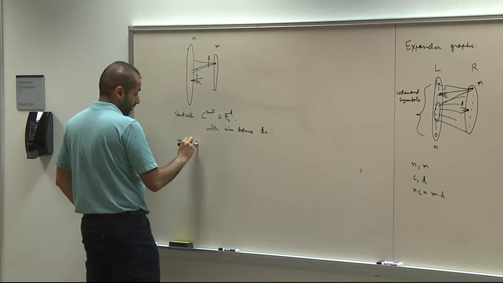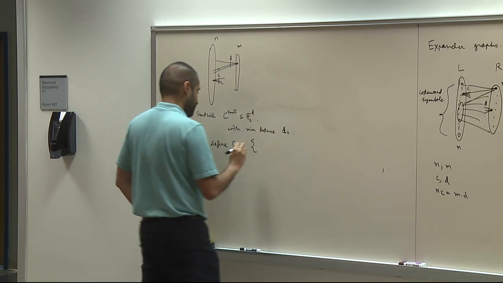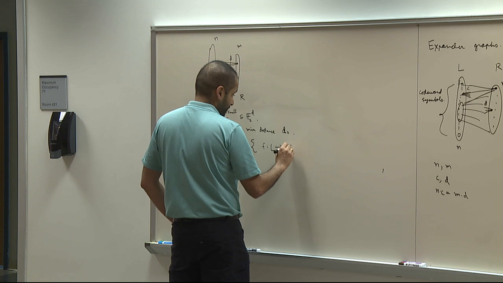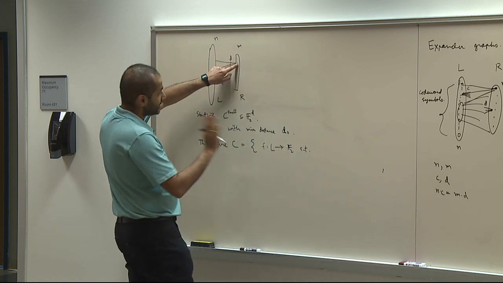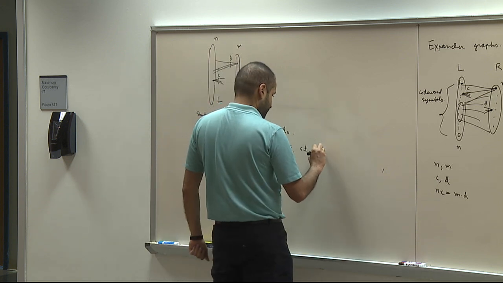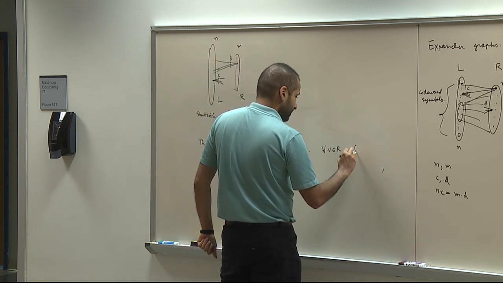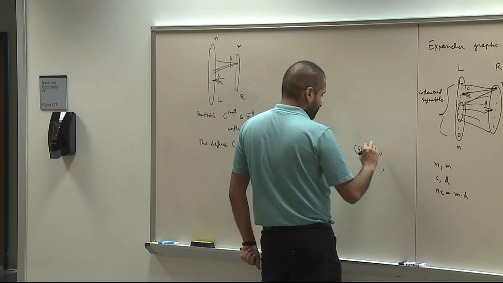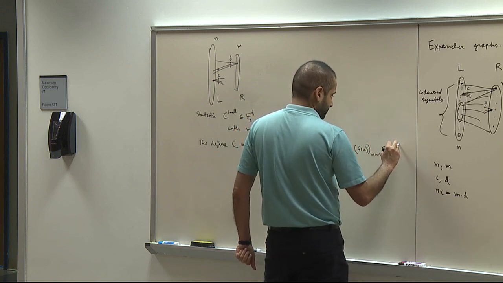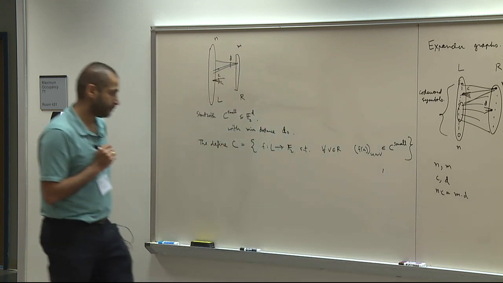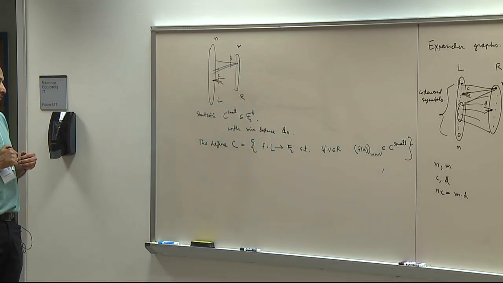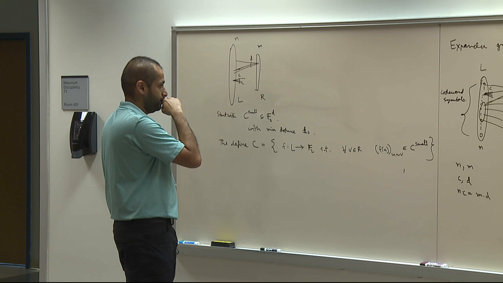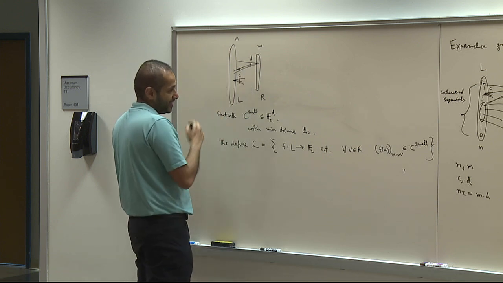Then define C to be the set of all functions from the left hand side, L, to F2, such that the constraint imposed is that of membership in C small: for all V on the right, the tuple of F of U, for U adjacent to V, is in C small. And we have thus imposed constraints.